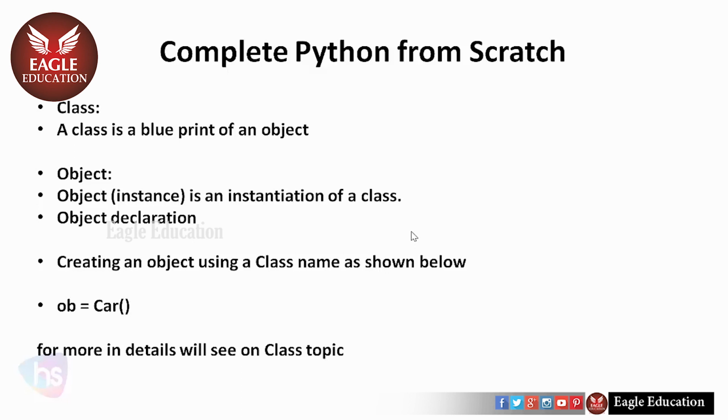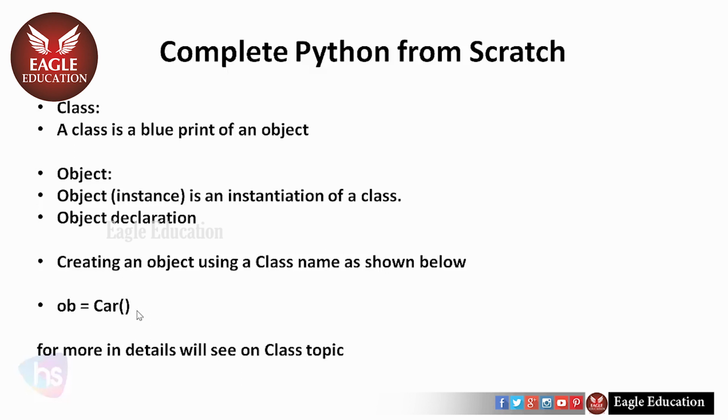Alright, creating an object using the class name is shown below. ob is the object variable I have declared here, equal to Car with parentheses. Car, with a capital C, is the name of the class.